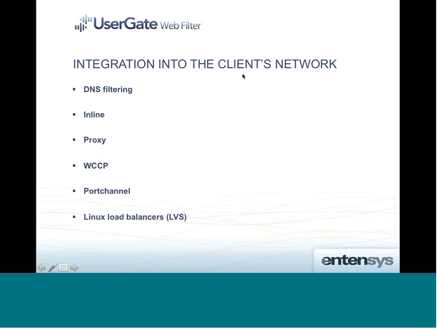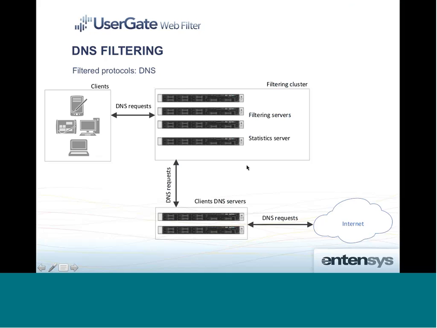Okay. Next is integration into the client's network. There are some easy ways and more complicated ones. Let's start with DNS filtering. I didn't tell you, but we also support DNS filtering. This web filtering solution works as a DNS filter and as an HTTP and HTTPS filter. The easiest way to configure, implement, and deploy in the client's network is the DNS filter.